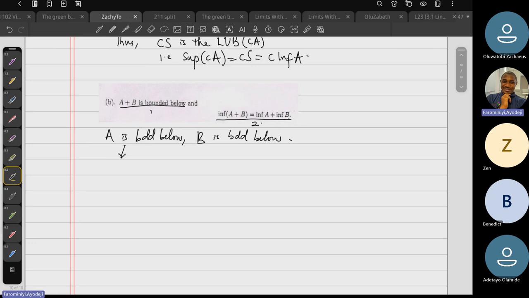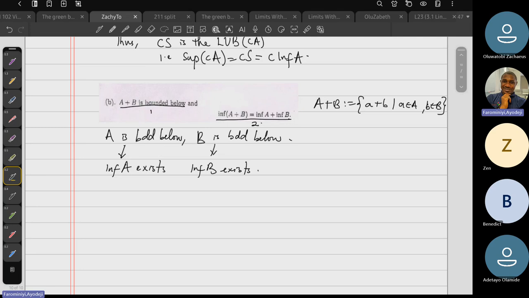So we know that infimum of A exists and infimum of B exists. But again, what is actually the set A plus B? The set A plus B is the set of all small a plus small b such that a is in A and b is in B.